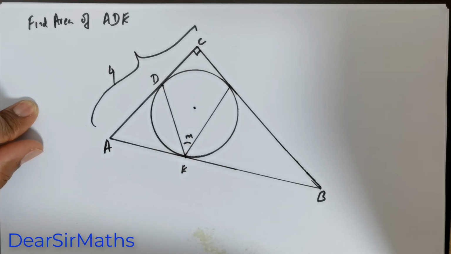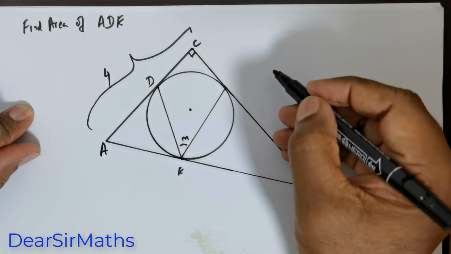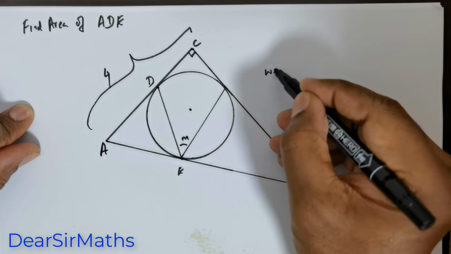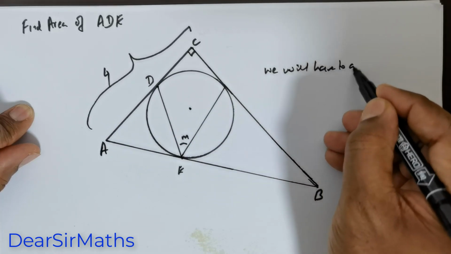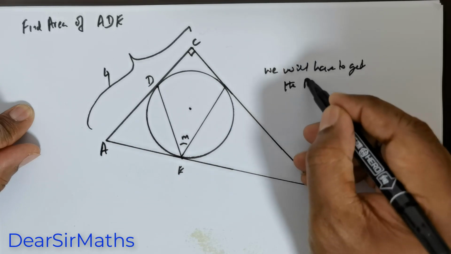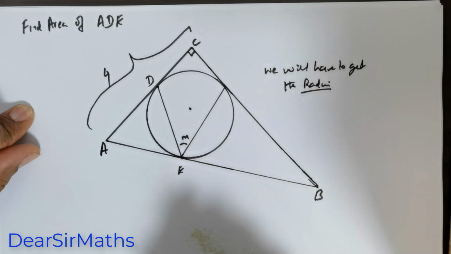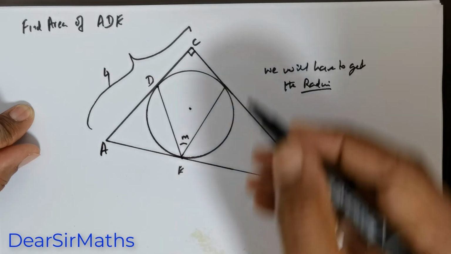Now what we have to do is we will have to obtain the radius. There are a few things we will have to do. We will have to get the radius, and there is also another information that is given.